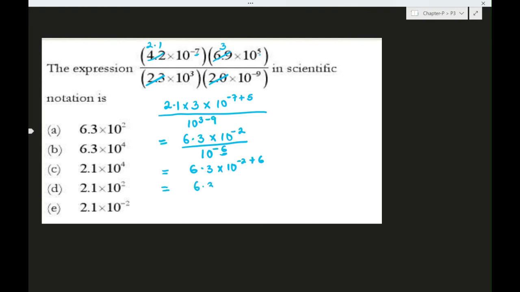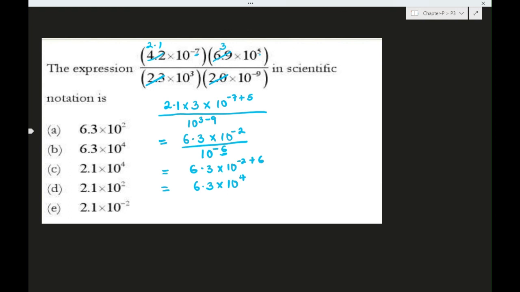And now this will be 6.3 times 10 raised to power, and here will be 4, right? So this is saying that the answer is 6.3 times 10 raised to power 4.